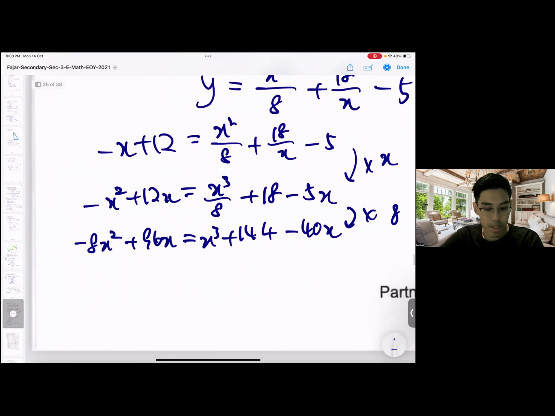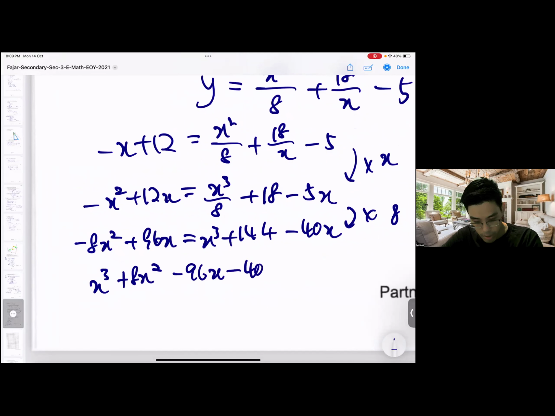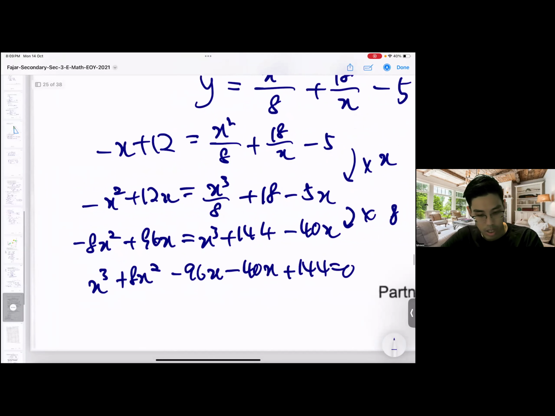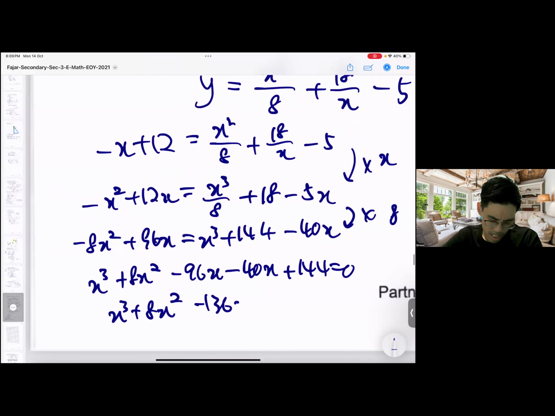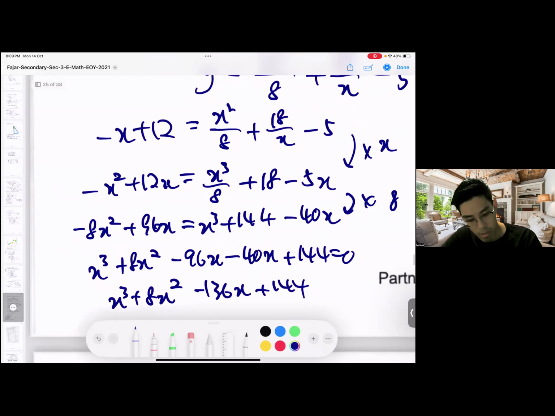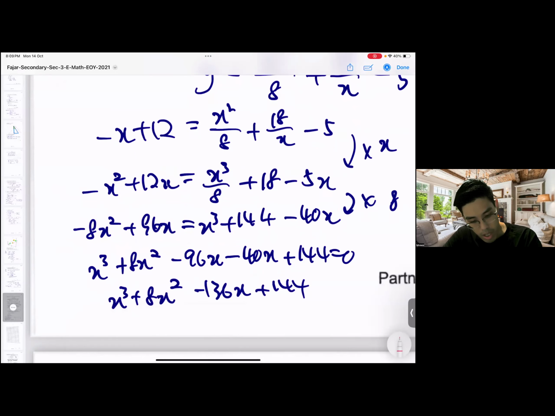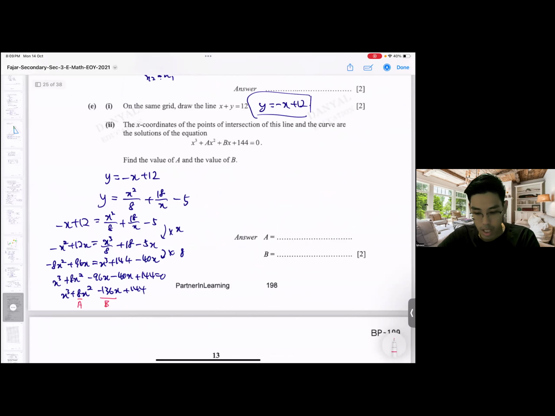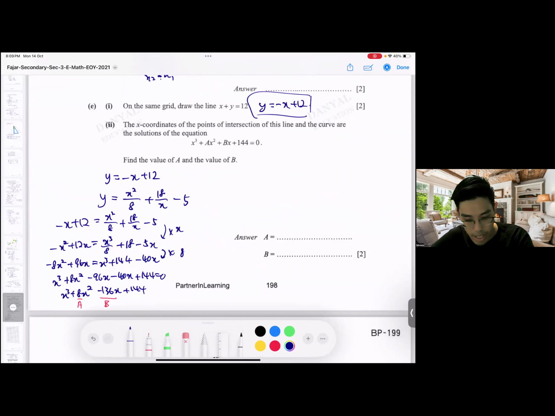Then we rearrange the terms. So x cubed plus 8x squared minus 96x minus 40x plus 144 equals 0. So this becomes minus 136x plus 144. By observation, this is my a and this is my b. So this one will be 8 and this is negative 136.